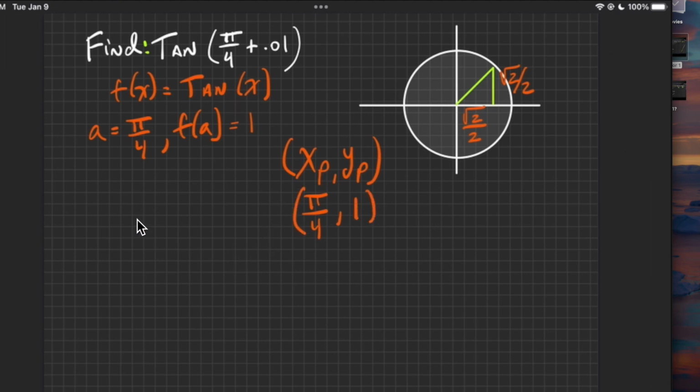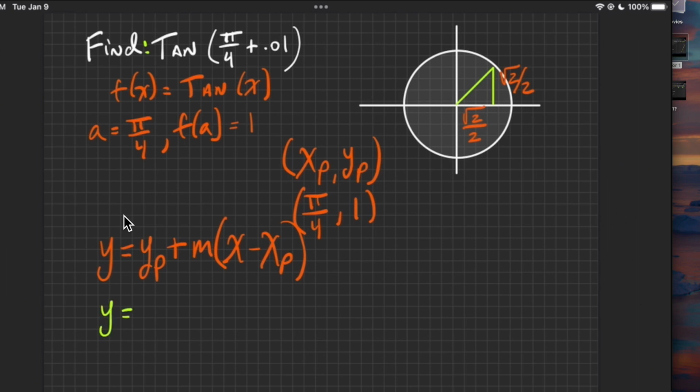So now we need to get our slope. Let's go ahead and write the point-slope formula. It's going to be y equals y sub p, which we already have, plus the slope times x minus x sub p, which we already have. Let's plug in what we already have. We have y equals our y value of our point, our easy a, and we do not know the slope yet, but we do know the x value of easy a.